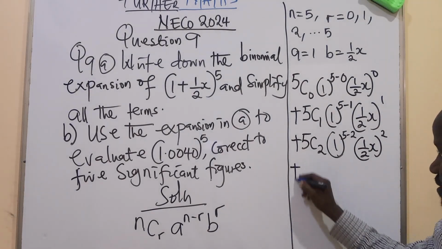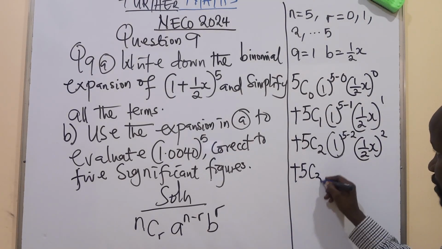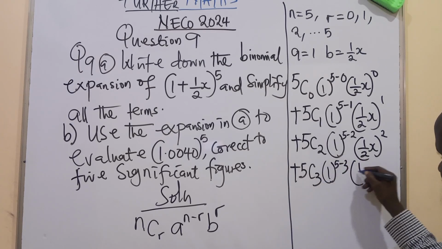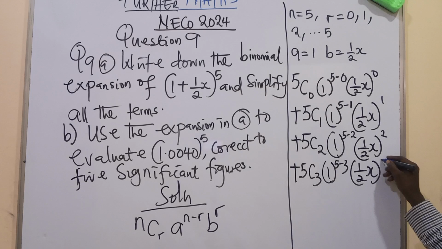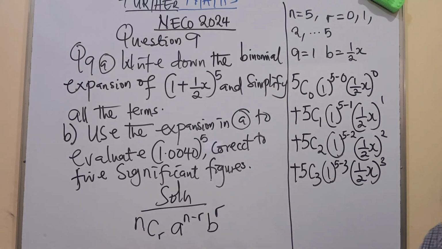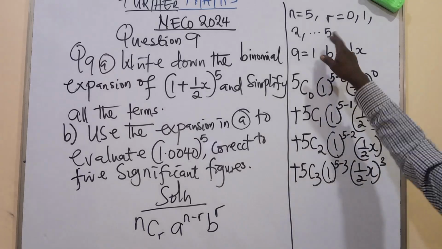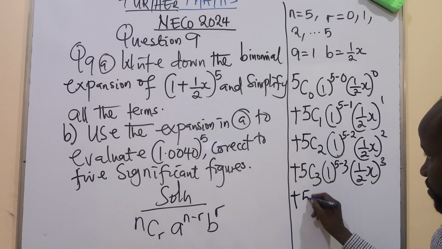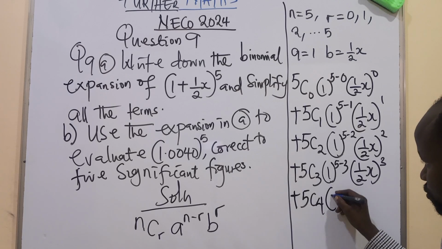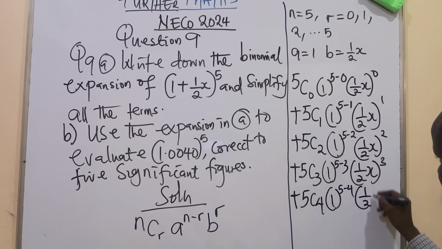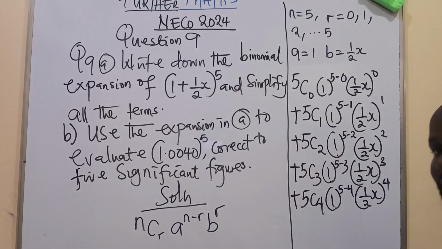Next, when r is 3, it will be 5 combination 3, 1 to the power 5 minus 3, half of x to the power 3. Next, when r is 4, until we reach 5, that's when we stop. When r is 4, that will be 5 combination 4, multiplied by 1 to the power 5 minus 4, half of x to the power 4.